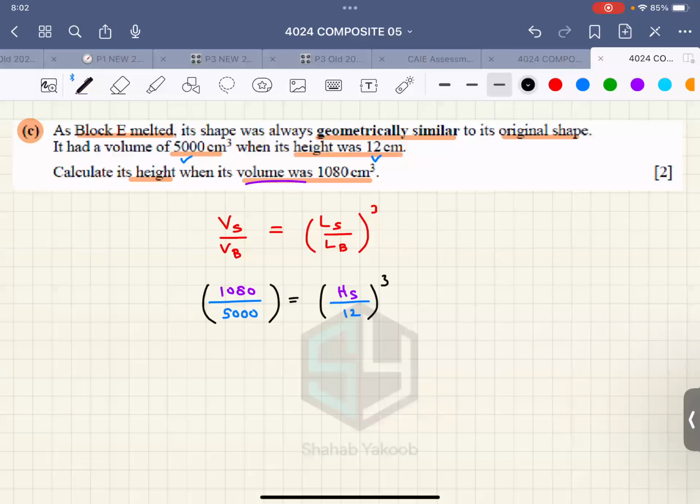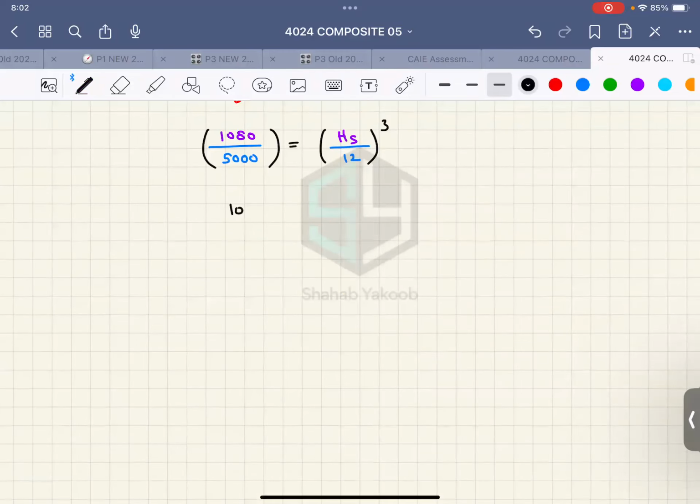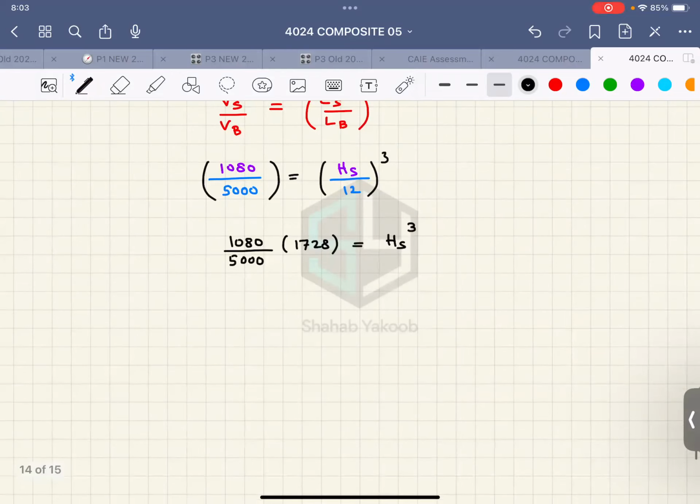Now, first of all, what is 12 cube? So 12 cube is 1728. 1,080 over 5,000 into 1728. That is HS cube. So therefore, let me multiply it out. 1728 into 1,080. And this is how much?